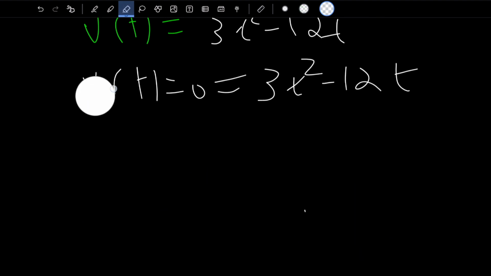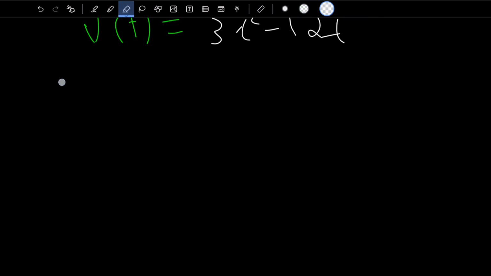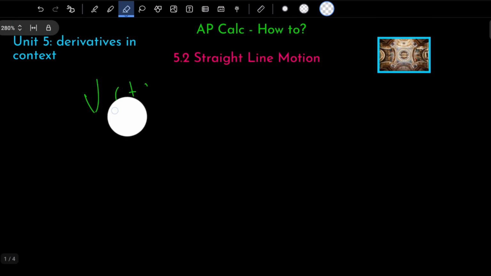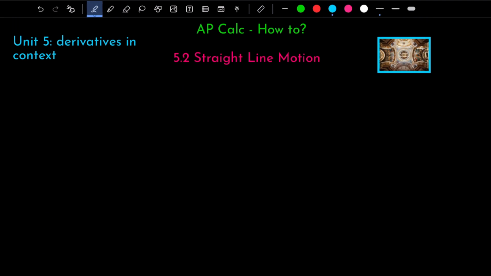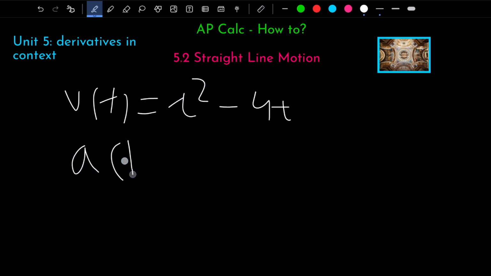Now for our third example, let v of t equal t squared minus 4t, and then a of t is going to equal 2t minus 4.